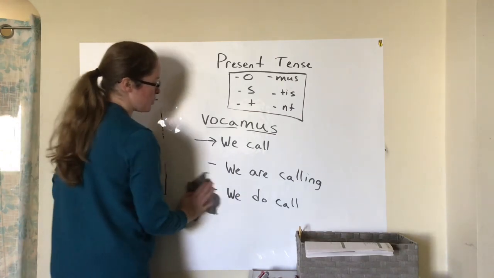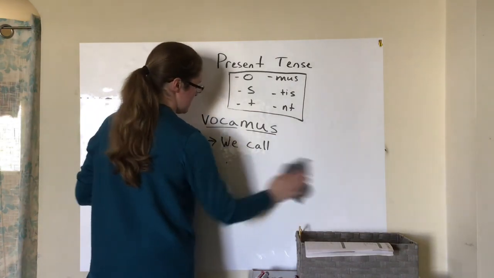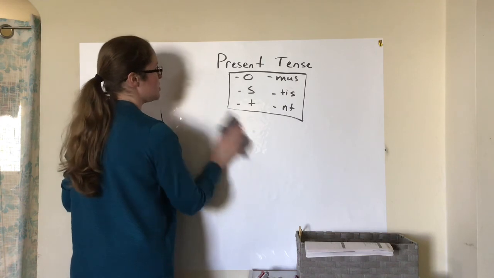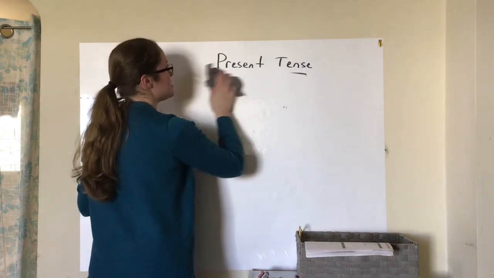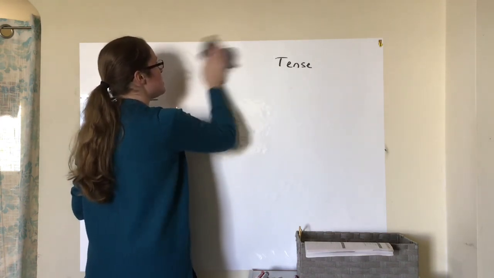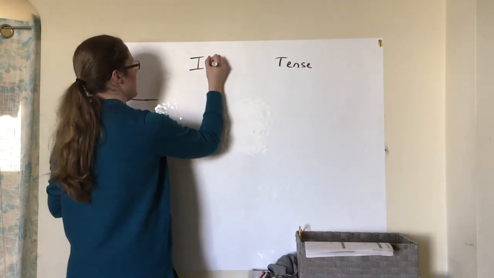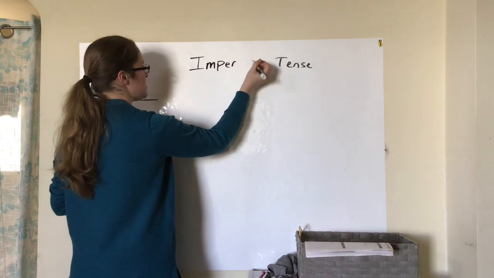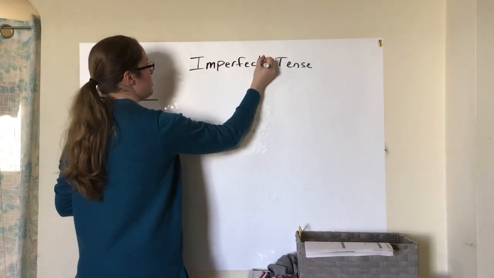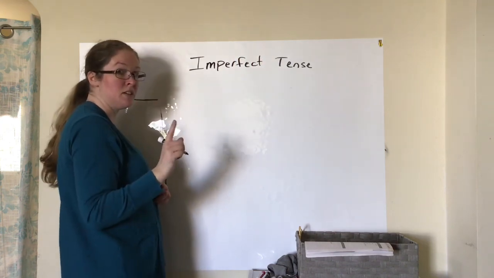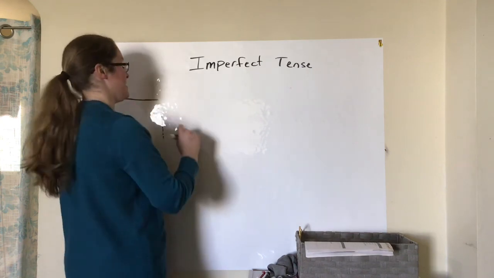All right, awesome. So that's the present tense, 3 ways to translate. Let's talk about 3 ways to translate the imperfect. We're going to erase this because that's present tense. The imperfect tense, which is our newest tense, is not present tense, but a type of past tense.